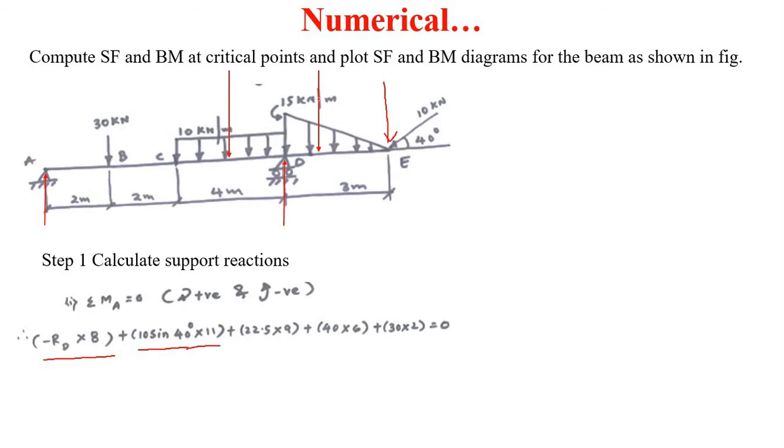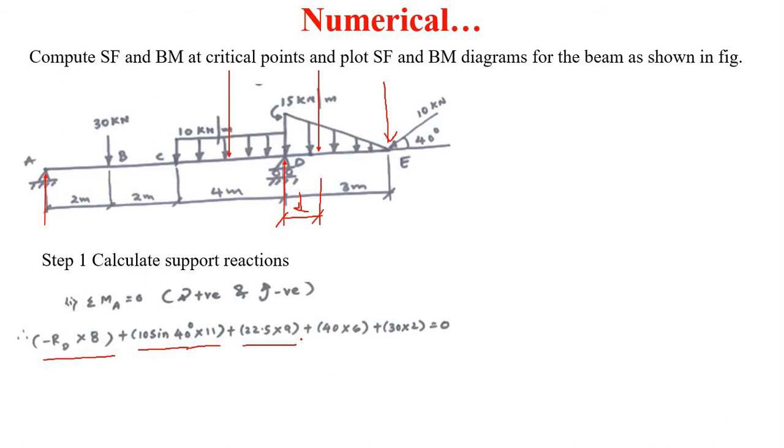After that, this 22.5 kilonewton load will again try to rotate in the clockwise direction, so the moment due to this will be plus. So 22.5 into this distance, that is 2 plus 2, 4, plus 4, 8 meter, and this distance will be 1 meter here, so 8 plus 1, 9.